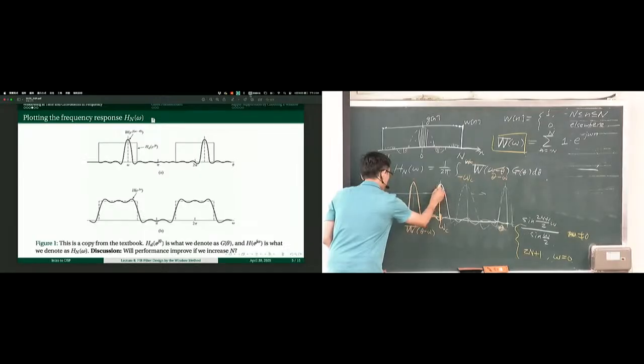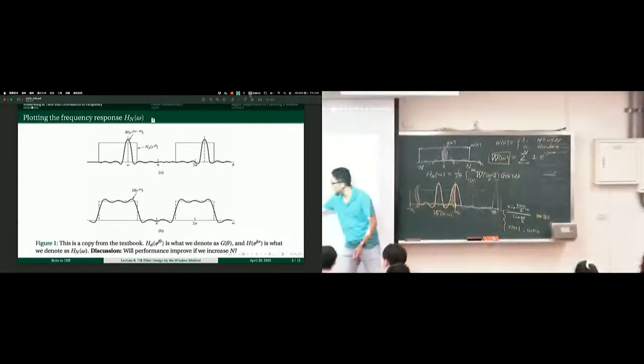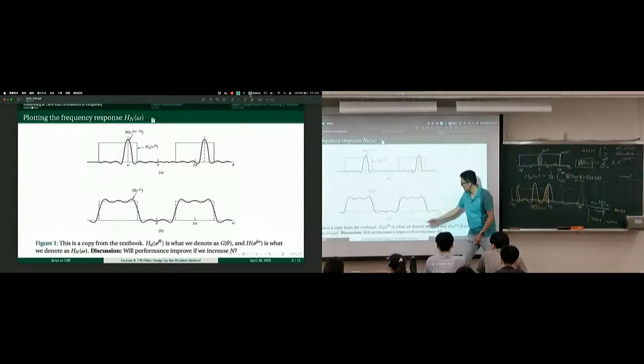This area is 1/2 of the total area. Can we agree on that? And that gives us exactly this point.